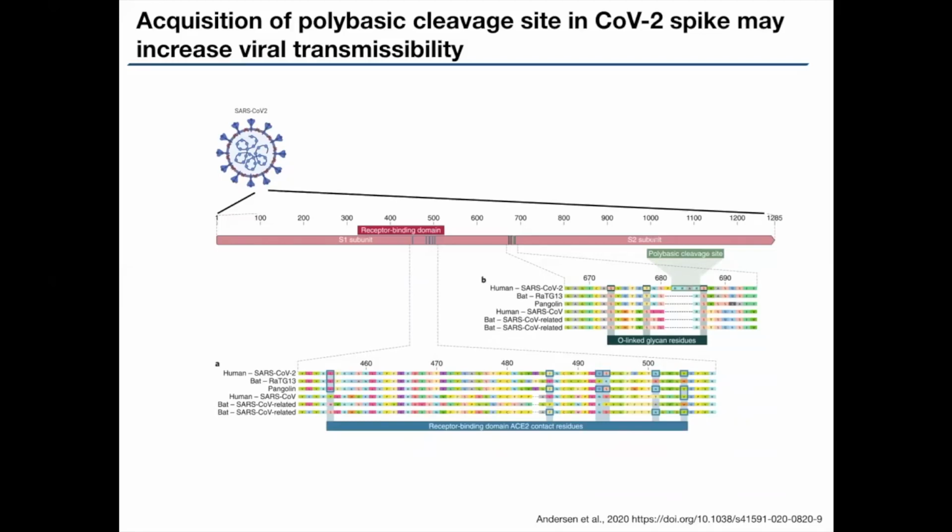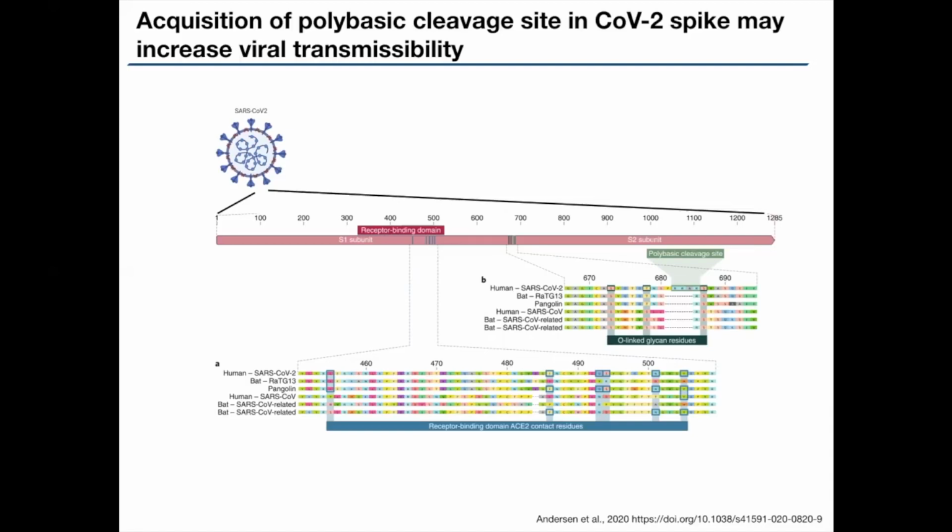The second notable difference is that uniquely, SARS-CoV-2 seems to have acquired a polybasic cleavage site. And this polybasic cleavage site is interesting and important because it's predicted to enable cleavage by other cellular proteases beyond the one that we talked about.